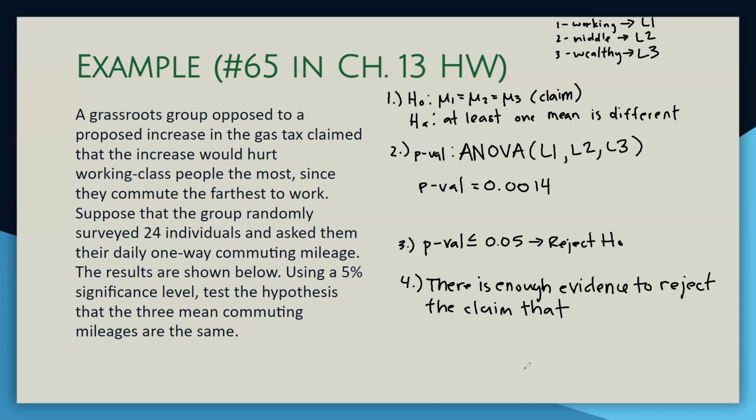And then I go back and I look for wording in the problem that summarizes the claim. Test the hypothesis that the 3 mean commuting mileages are the same. So the claim that the 3 mean commuting mileages are the same.